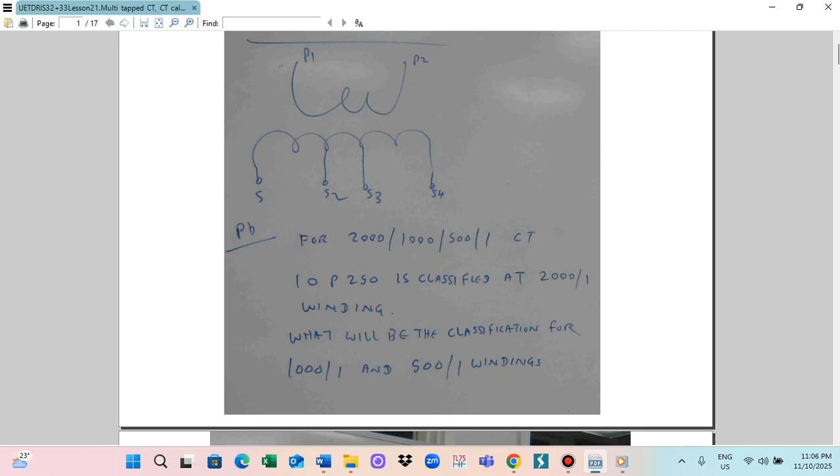So what are the classifications for the 1000/1 and 500/1 windings?